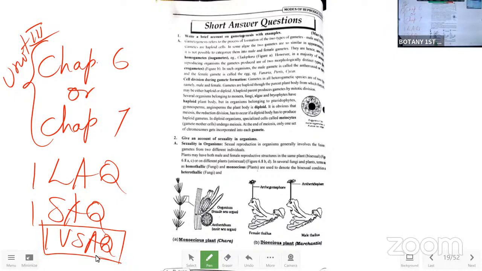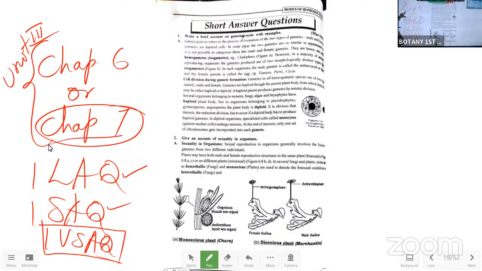But the SAQ and LAQ will come from chapter 7, that is the sexual type of reproduction: the embryo sac structure, microsporangial wall layers, process of fertilization, the contrivances for chasmogamous flowers to go with cross-pollination only and how they stop self-pollination, and the pollinating agents of pollination. Out of these 5, 1 LAQ will come from chapter 7.